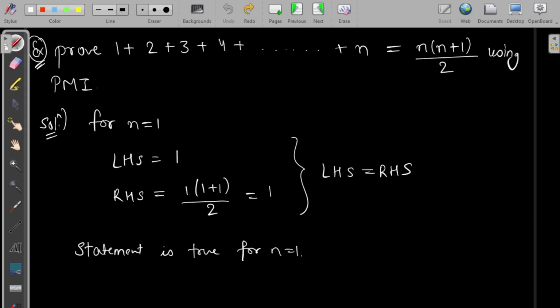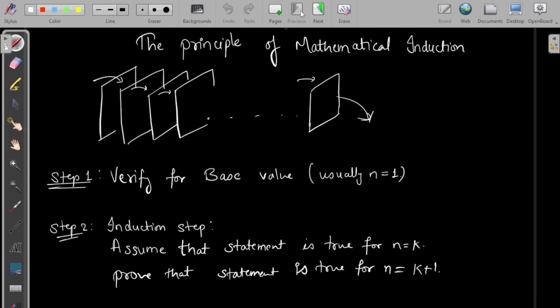And PMI is one of the most important proof techniques in mathematics. You will find it to be frequently used to prove formulas involving sum, divisibility, inequalities, and various types of sequences. So the entire method is having only two steps: verify for the base value and then the induction step.